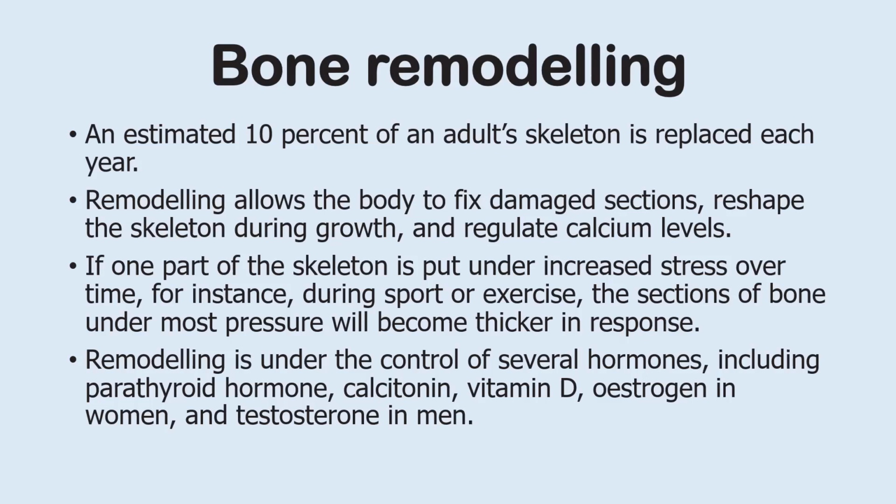The thyroid gland in the neck has 2 lobes, and behind them, attached to them, are 2 tiny little glands, one on each side, called the parathyroid. And calcitonin, involved with calcium, vitamin D, estrogen in women, and testosterone are all part of this control system.